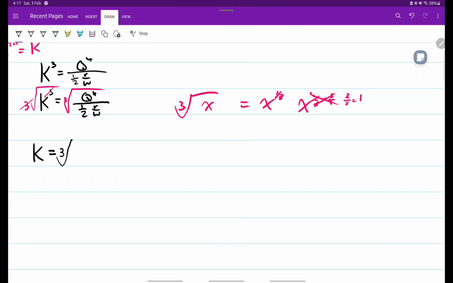Okay, we're going to leave that cube root there. Going to leave our fraction here for now, but we're going to deal with the 1/2 times r over w.